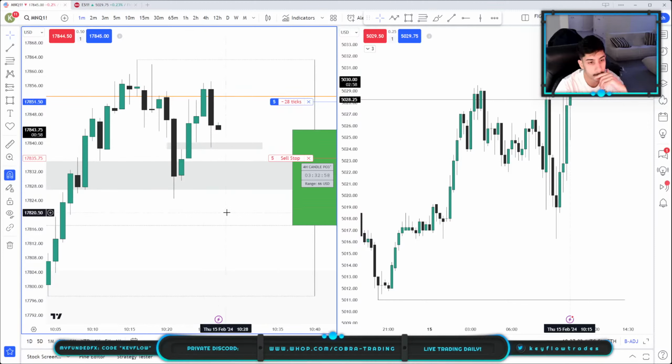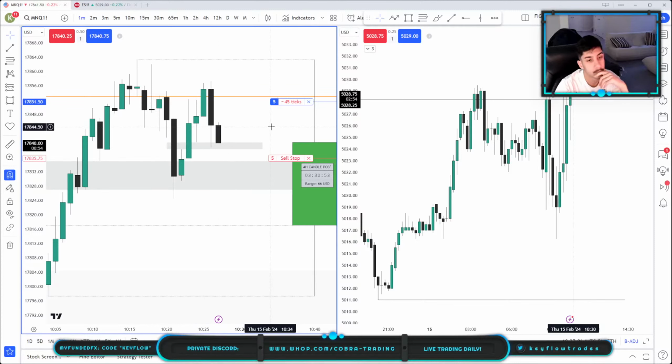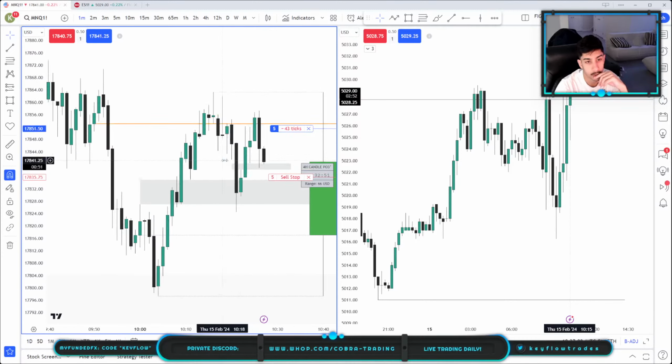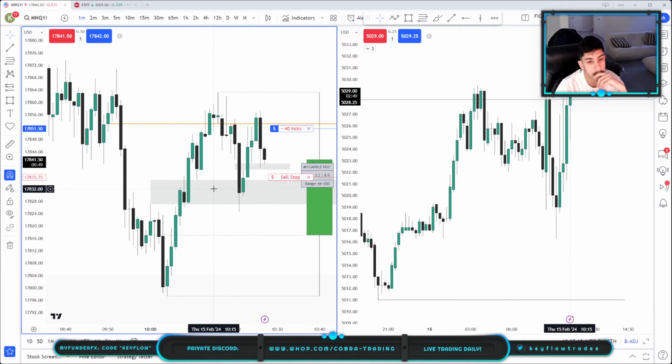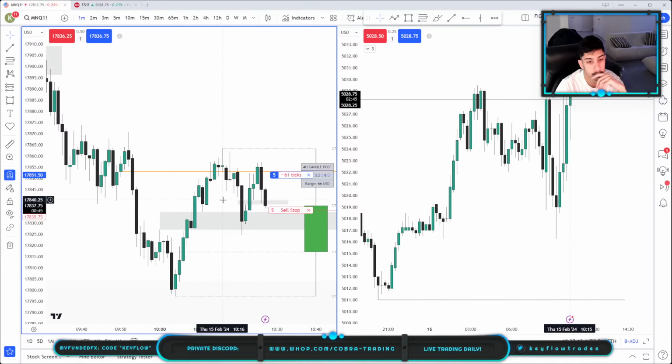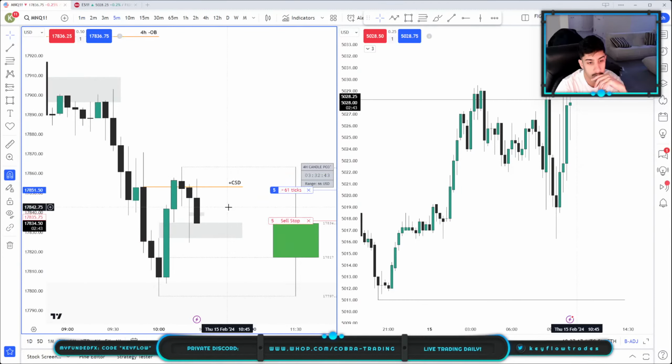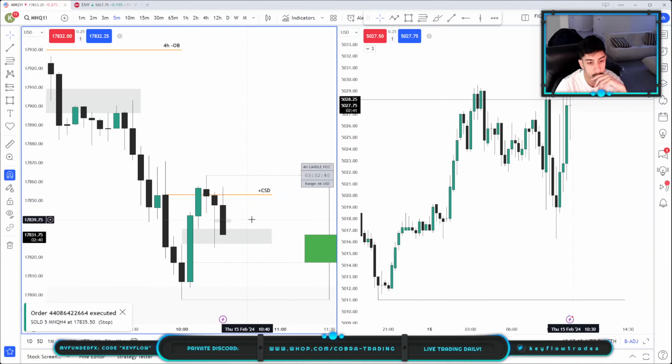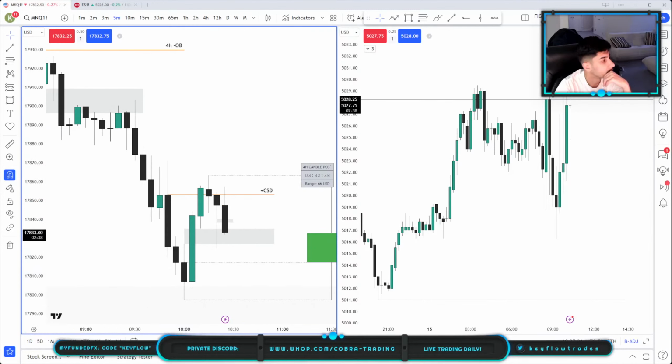Have this fair value gap here. This should hold. If it doesn't hold, then obviously no more long. Then I'd just rather wait for this 5 minute. Whoa, it wasn't stopping me out there for a second. All right, stopped on the second try.